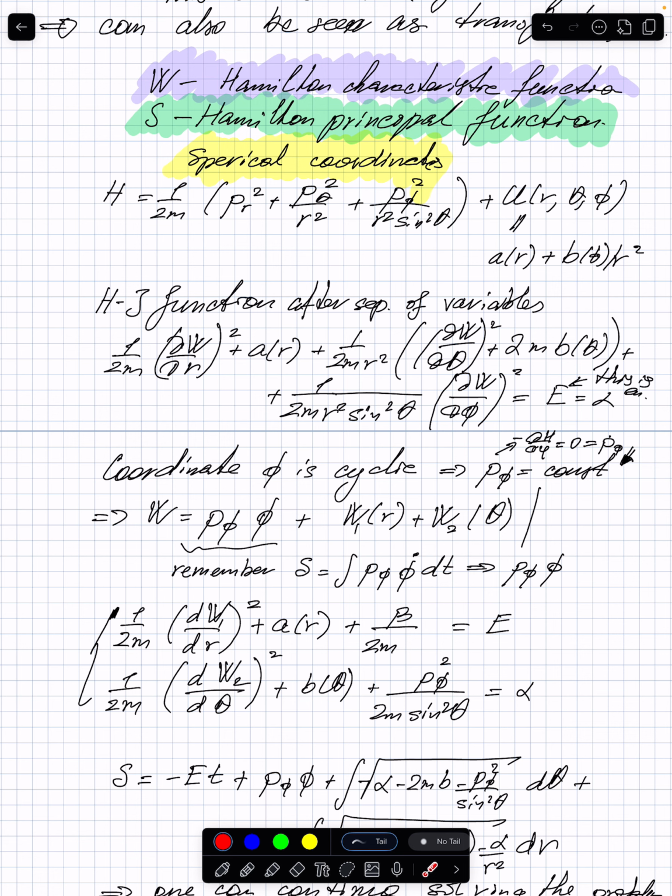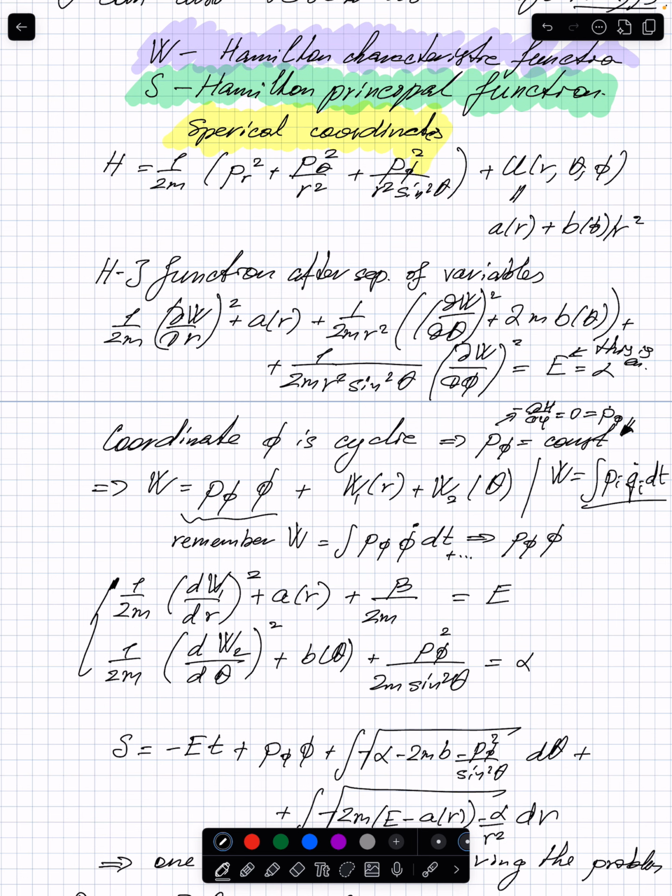And since it's a constant, let's remember what the physical meaning of W was. We derived the following equation, that W equals the integral of p_i times q_i dot dt. That's the equation we derived last time. So if I only consider the cyclic coordinate here, it is p phi times phi dot dt. I can always pull the p phi factor out of this integration because p phi is just a constant.